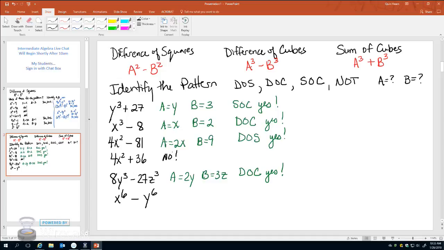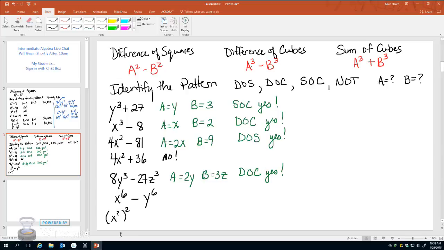So x to the 6th, 6 is an even power, which always indicates that you can think of it as a perfect square. And the way you determine what's being squared is you remember that we're going to have x to some power squared. To raise a power to a power, you actually multiply the exponent.